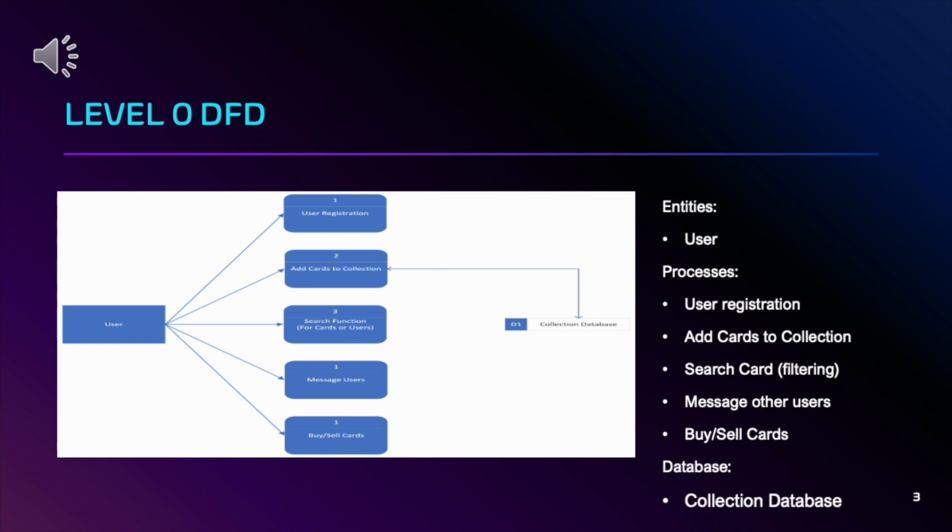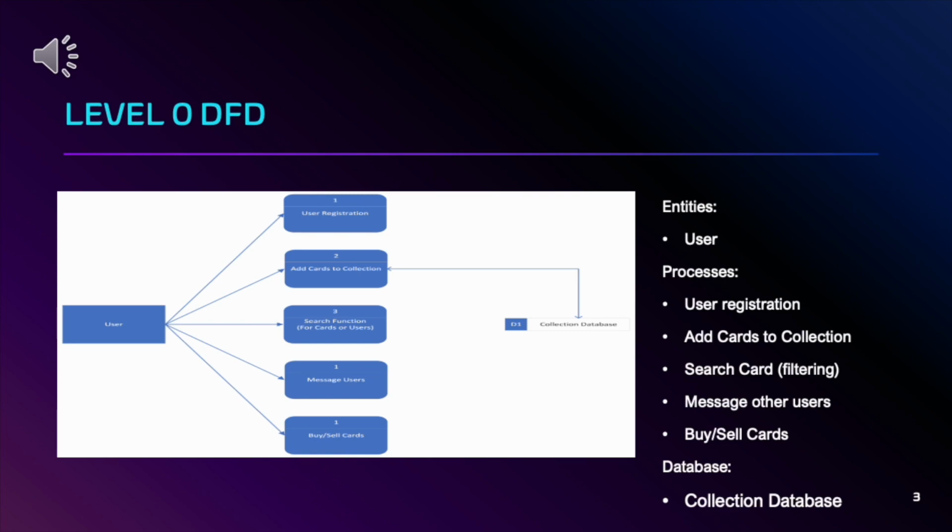Now we are moving on to the level 0 data flow diagram. The only entity here is really the user, as the user has to create an account and register. They could add cards to their collection. They could search cards by filtering, and they could message other users within the app.